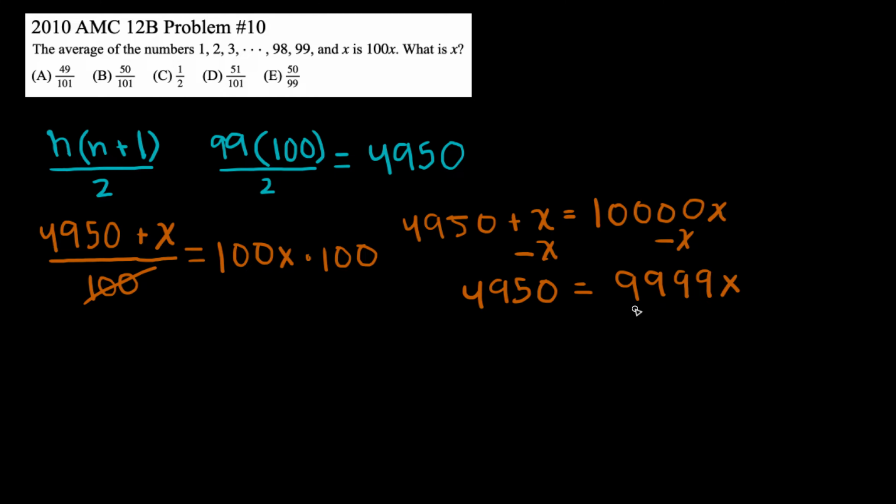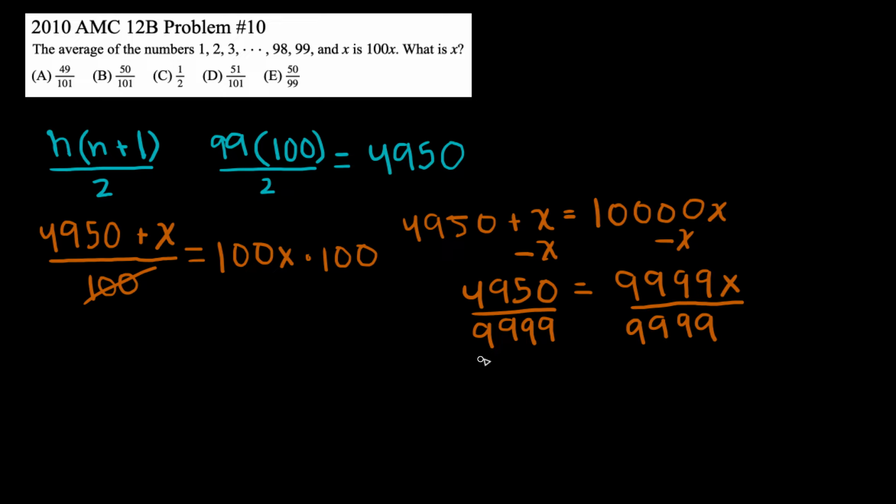What we can do in this case is divide by 9,999 on both sides to isolate this x over here. Of course, we have to do that to both sides whenever we're solving an equation.